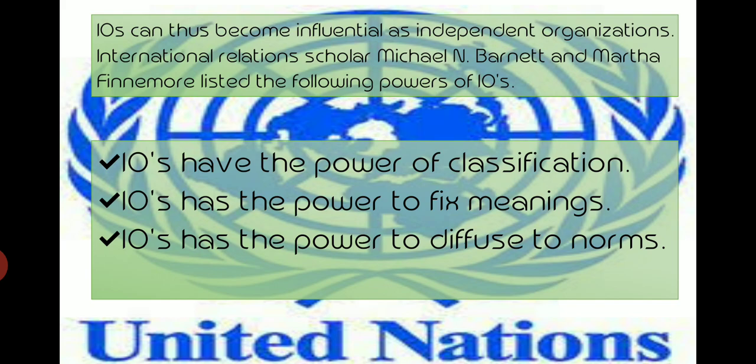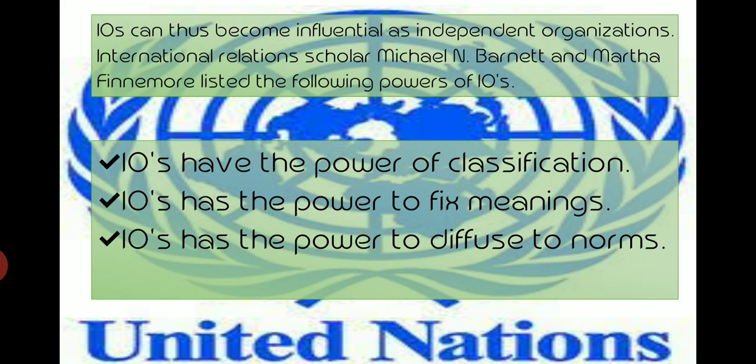So, to summarize, all these powers of international organizations have the power to affect and to influence the system of government, system of rules and regulations of different countries around the world.